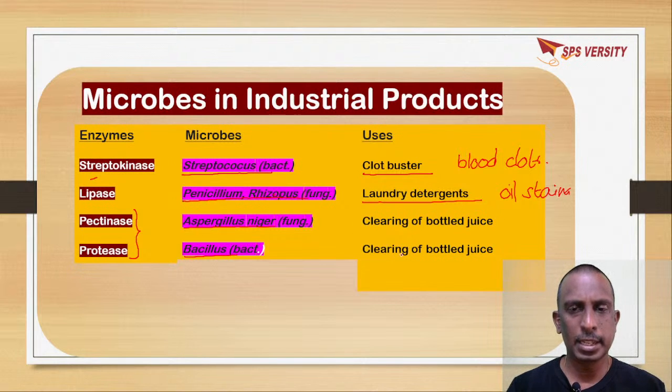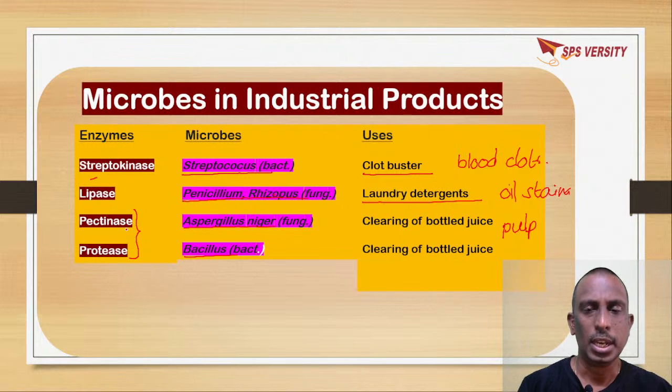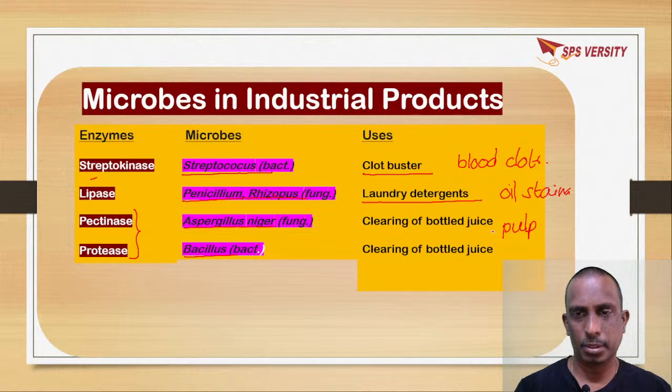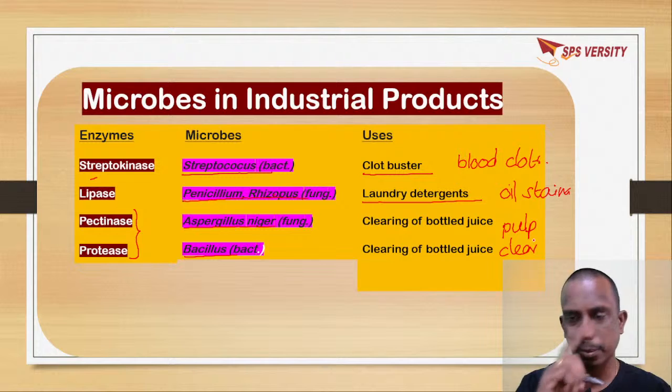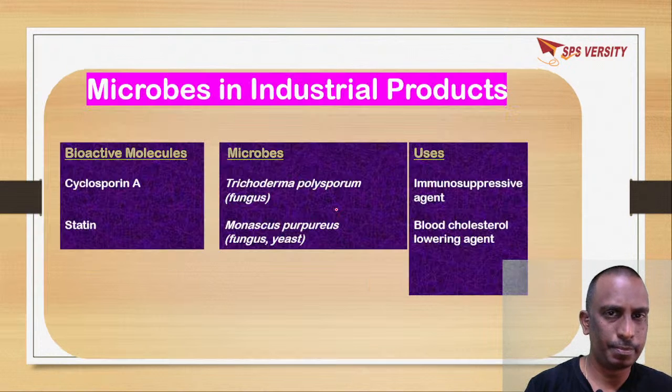After extracting the juice, to digest the pulp, these two enzymes, pectinase and protease, are used, so that the bottled juice looks very clear. The reason is pectinase and protease, extracted from Aspergillus niger and Bacillus. So these two are used in fruit juice industries.